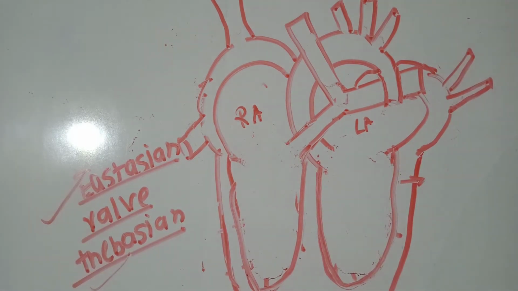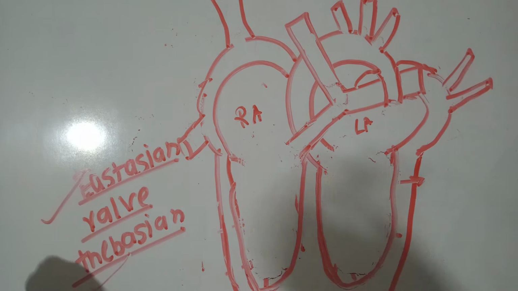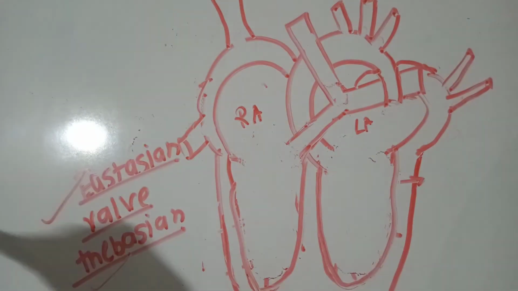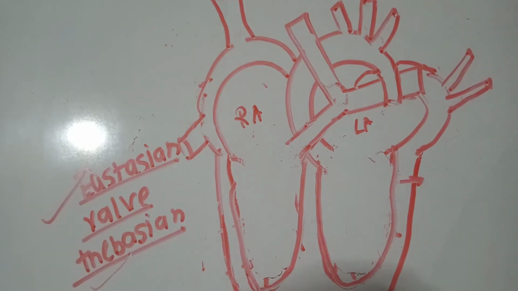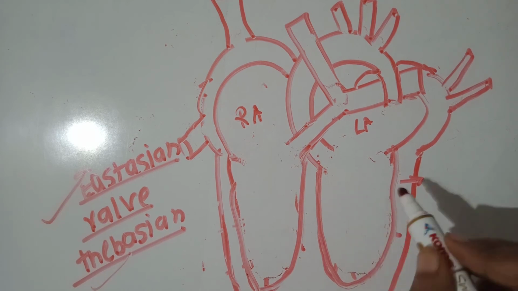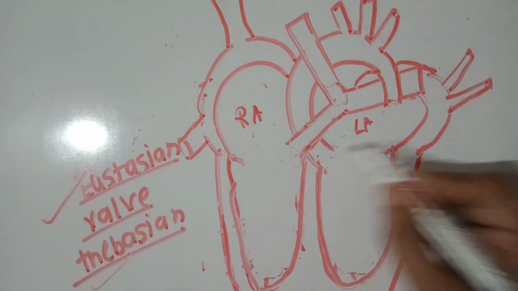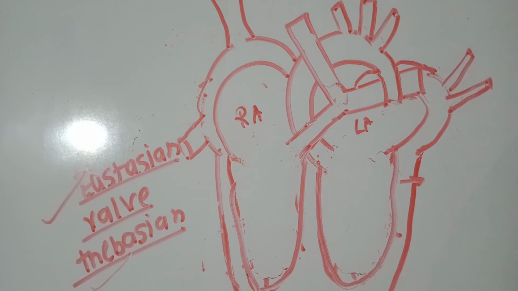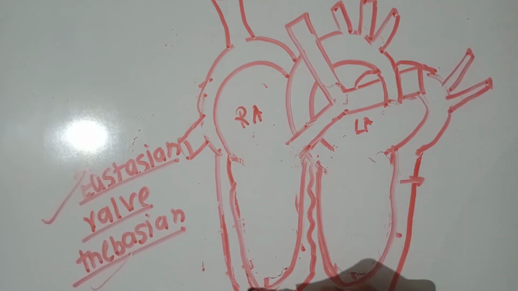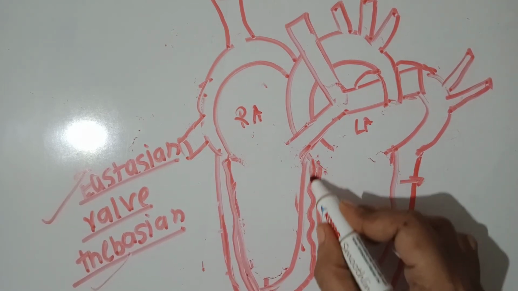It's a pumping machine that goes continuously under contraction and relaxation, so it also requires some energy, just like the cells of your body that work hard and require oxygenated blood and nutrients. There are coronary arteries and coronary veins.